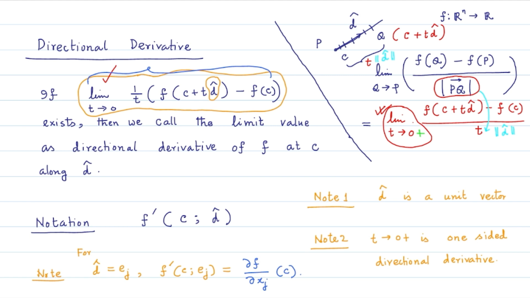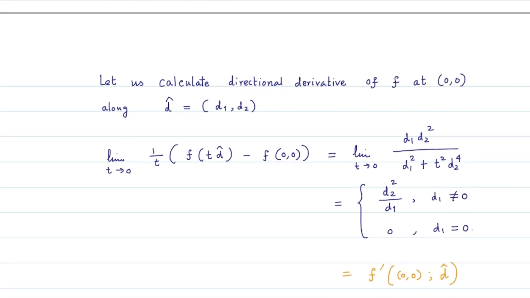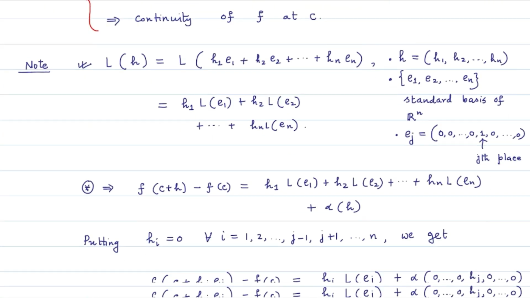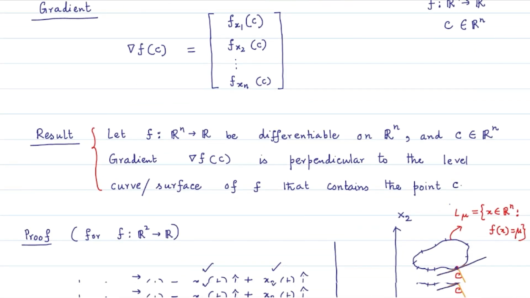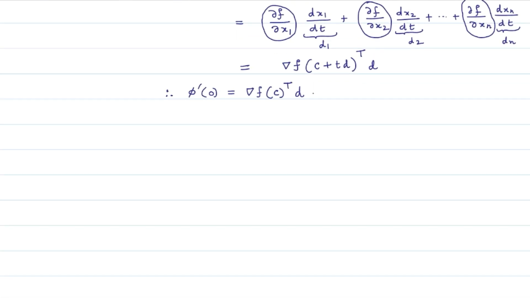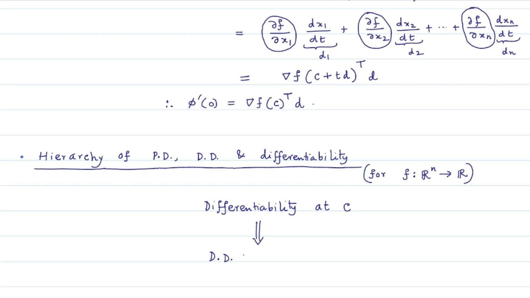Now cumulatively, all these observations give us the hierarchy of partial derivatives, directional derivatives and differentiability, which we neatly write as follows: differentiability is the superior concept, which implies existence of directional derivative, abbreviated as DD, at the point C along all directions d hat belonging to R^n.